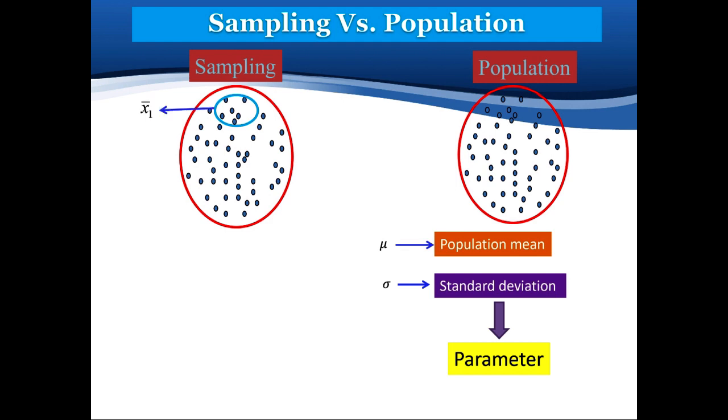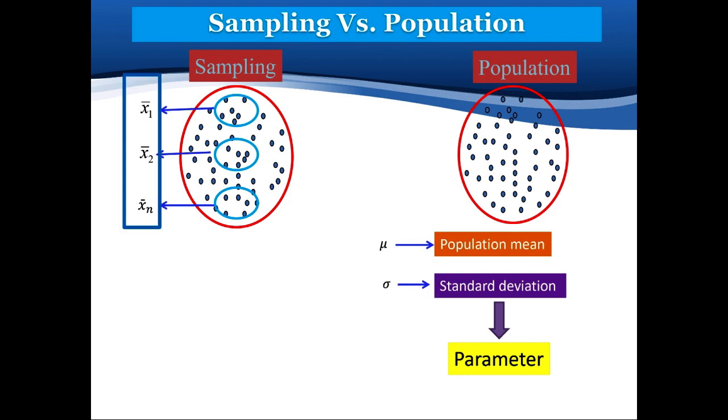For this sample, we can calculate the average, the mean of this sample, denoted as x1 bar. We can randomly select another sample, and the mean of the sample is x2 bar, and so on. For the nth sample, we denote the mean of the sample as xn bar.